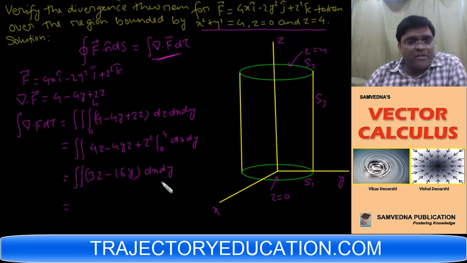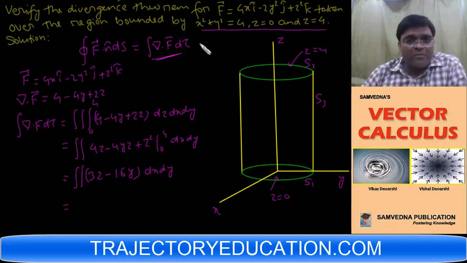What is the domain of this double integral? The domain of the triple integral was the whole volume enclosed by the cylinder, whereas the domain of the double integral will be the projection of this solid over the xy plane.